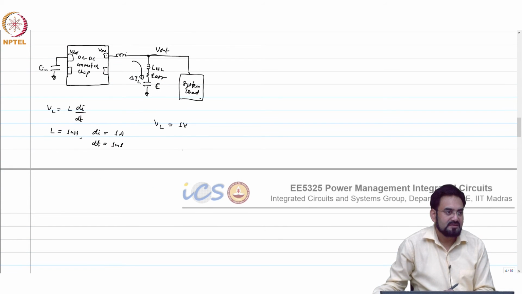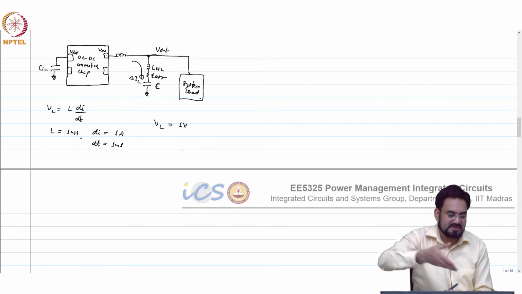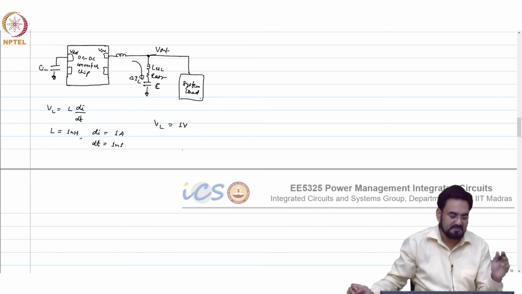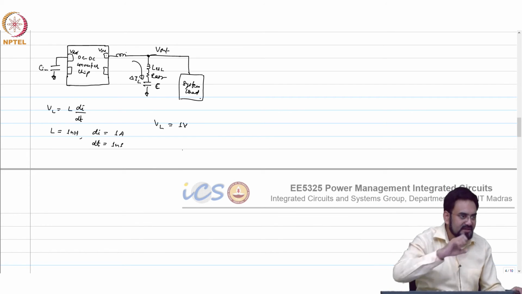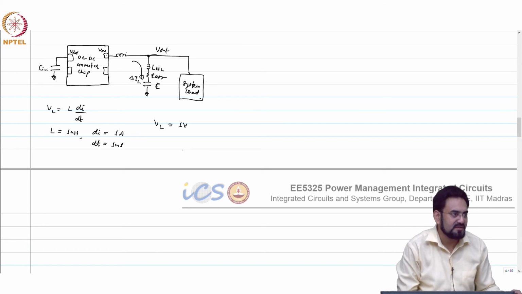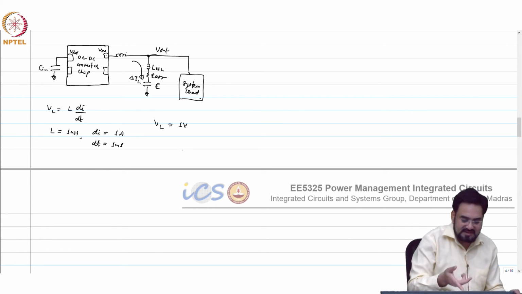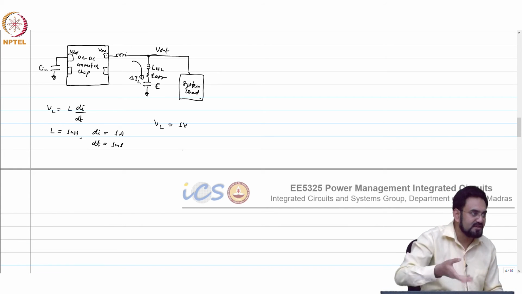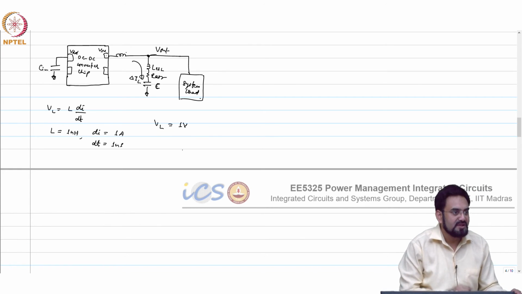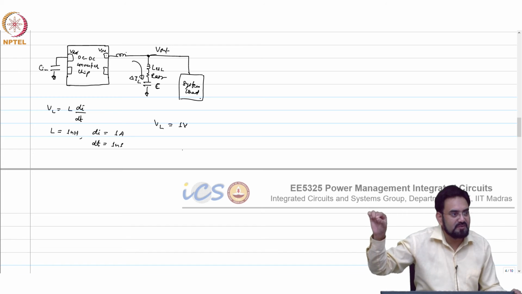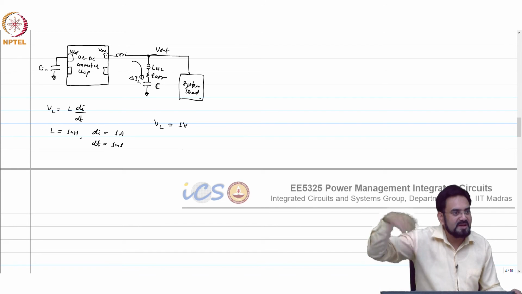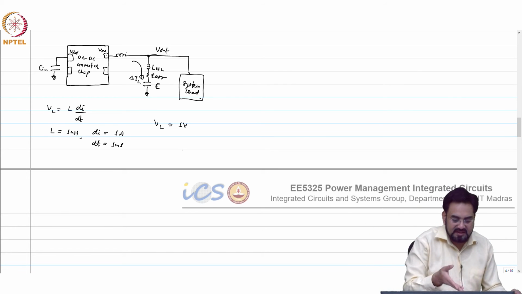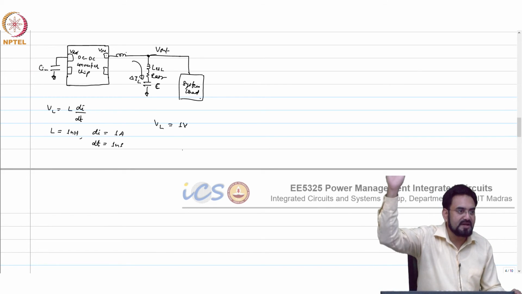which means the overshoot and undershoot will basically cause a kind of ringing, because it will resonate when you have inductance, and this L di by dt, the voltage across that inductor, will be much higher. So you are having a VDD of 1.8 volt. On top of that you might see plus minus 1 volt undershoot and overshoot when it rings, which will make it go up to 2.8 volt.